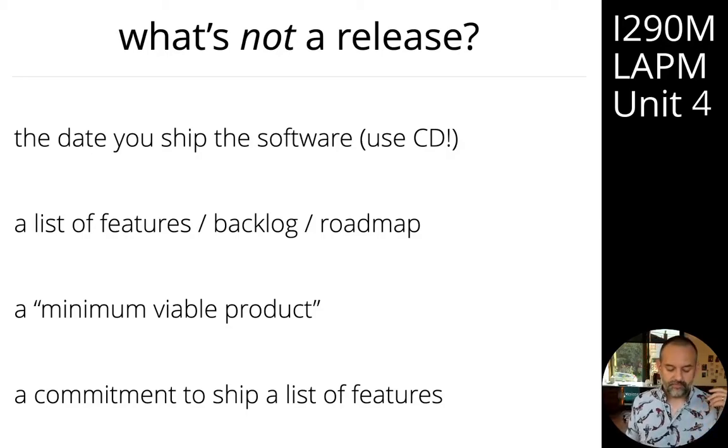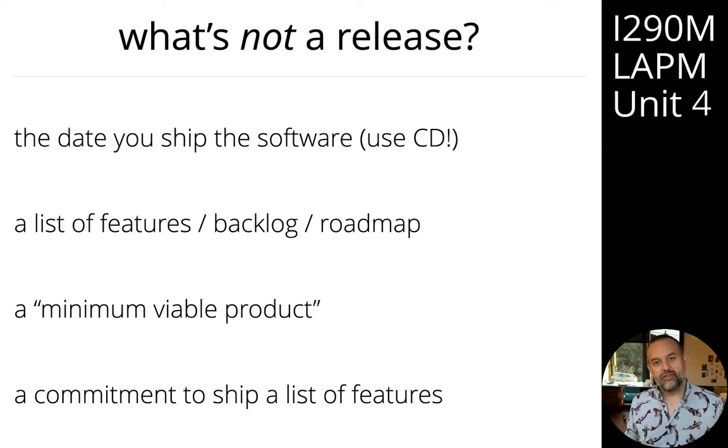So we're not going to be prepared to actually specify what all those features are, especially not for a large complex project. Don't commit yourself as part of the release planning process to creating a backlog of features and then shipping it. You will disempower your team. You will not be able to take advantage of what you discover in the process of trying to meet those objectives. That's a very old-fashioned command and control way of doing software planning.